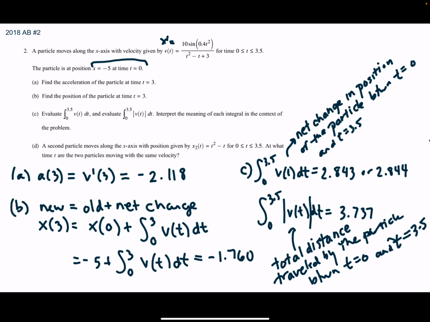The integral of the absolute value of velocity is total distance traveled. You will be tested on this at least once on your AP exam, and most likely on the free response portion, in addition to the multiple choice. You need to know the difference between distance and displacement, or total distance and net change in position.